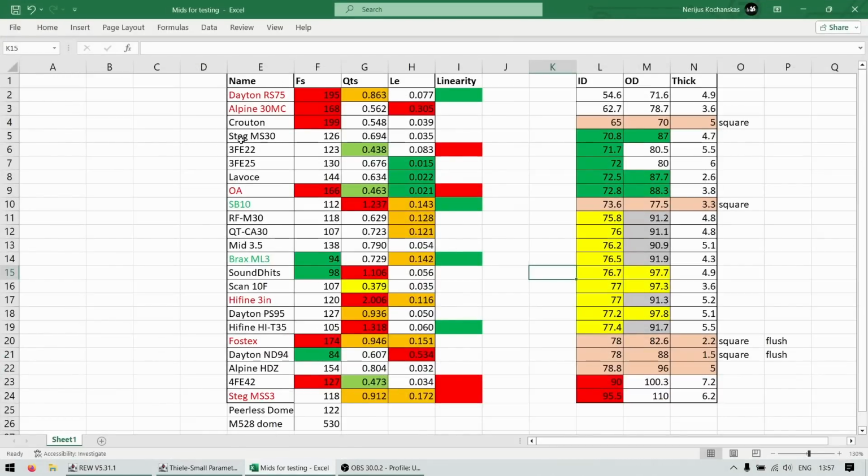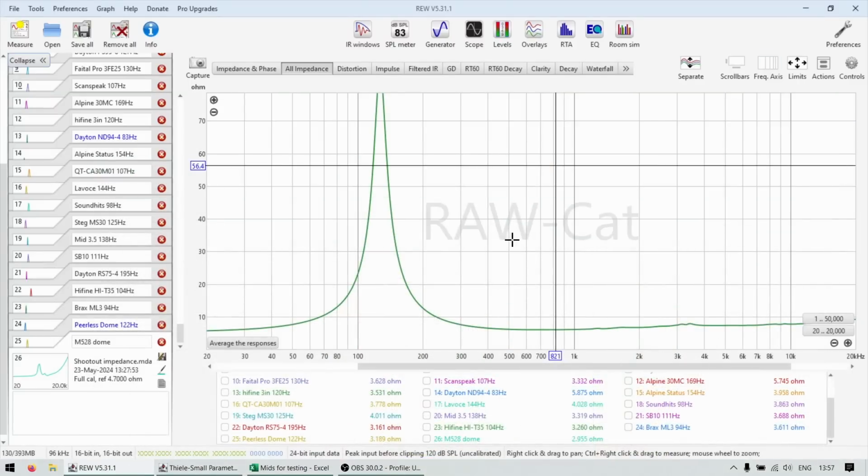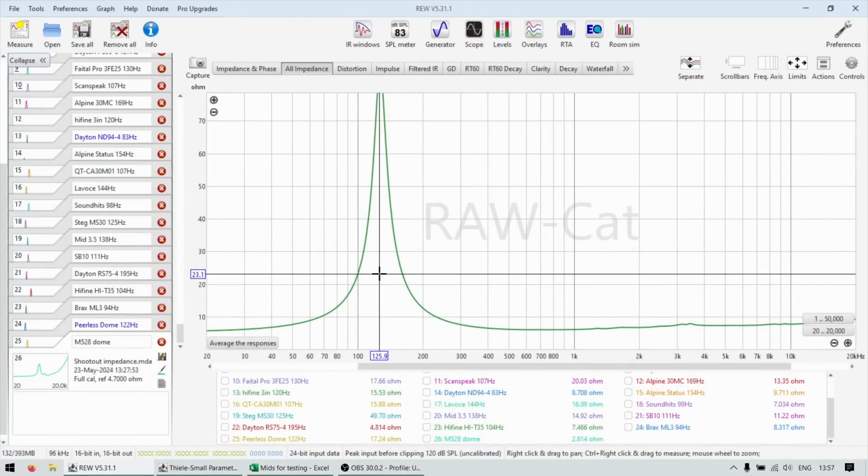So in this table, I have a driver name, I have FS, QTS, LE, and linearity. Let me explain these things. These three measurements, FS, QTS, and LE, are taken directly from the impedance graph. I can pinpoint the FS like this, but I cannot do the rest by eye.